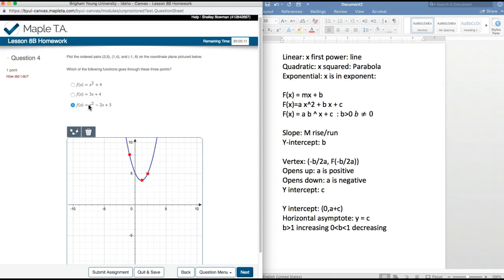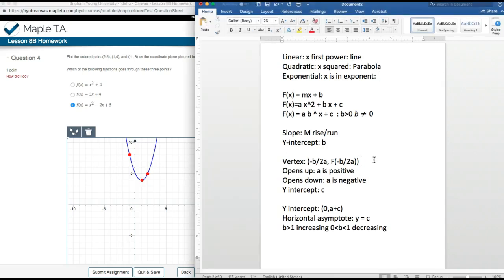To verify that, let's go ahead and find the vertex for this one. So negative b over 2a. Negative b is this negative 2. Oh, but it says negative b, so it's actually negative of negative 2, so that's a positive 2. Positive 2 divided by 2 times a. I'm sorry, I'm not writing this down. If you would like to write it down, go ahead so you can have that visual. Maybe we should just do it.